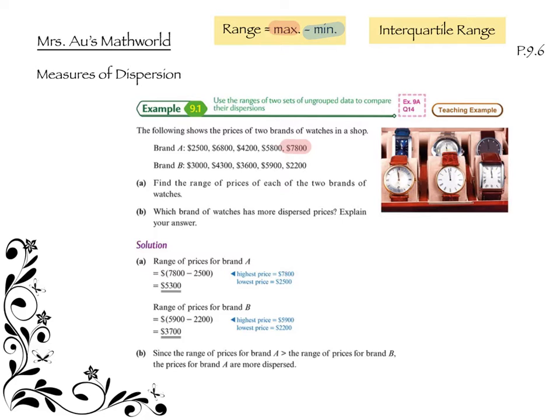For brand B, you will get $5,900. Maximum minus minimum, right? Minimum, first one, 2,500. Second one, 2,200. And then when you find the range of prices, just check it one by one.